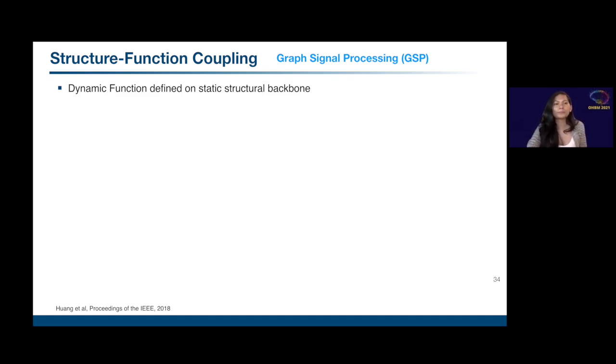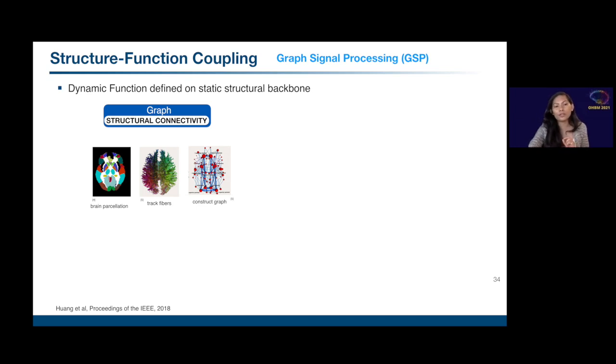So basically what they do here is that we define a function atop the nodes of a static structural backbone. We define the graph from the structural connectivity obtained from diffusion MRI data.